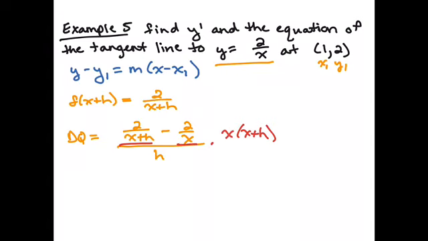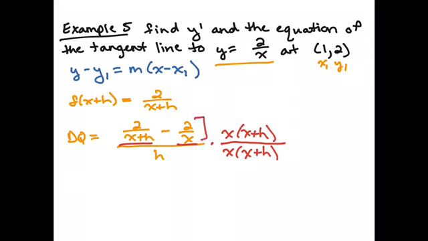I'd multiply the first fraction by x over x, the second one by x plus h over x plus h. But instead of finding a common denominator in a compound fraction, we'll just multiply the top and the bottom by that and get those inner denominators to go away.